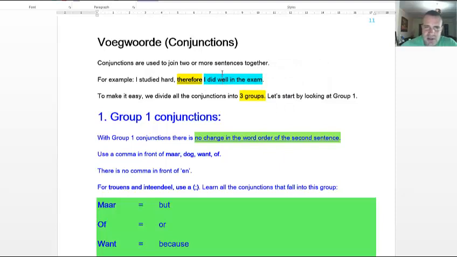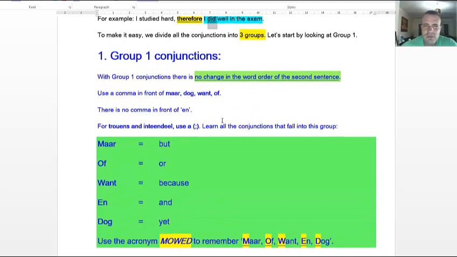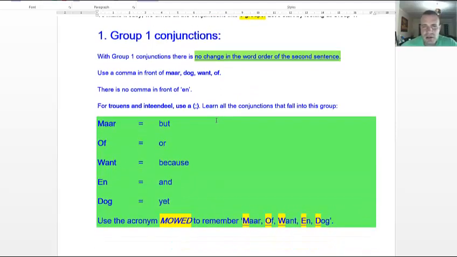And that's the sentence that we are interested in, always. Everything in the first sentence will stay the same. In Afrikaans, it can sometimes affect the verb in the second sentence. But for group 1, nothing changes in the second sentence. So you just use the conjunction as it is.